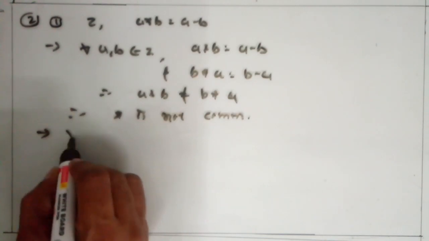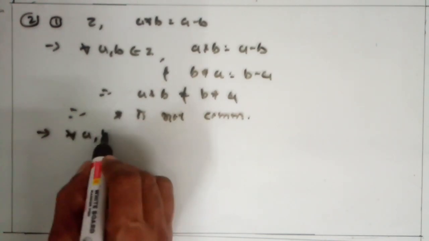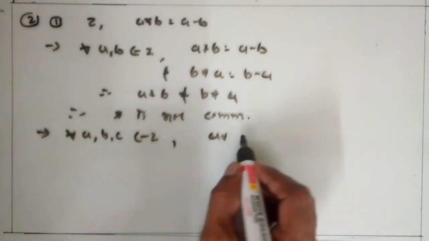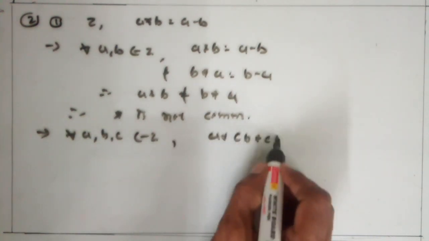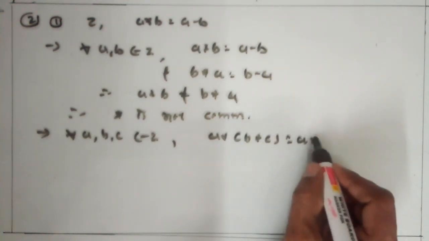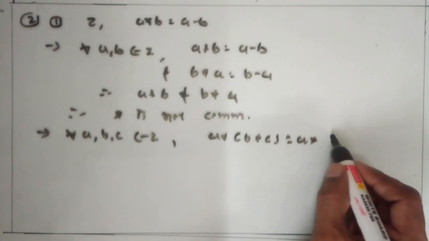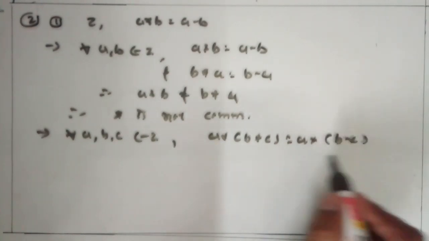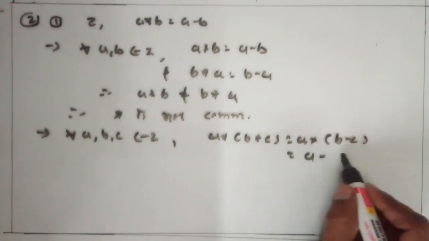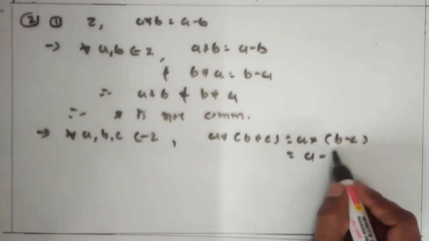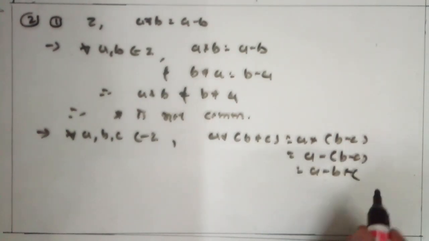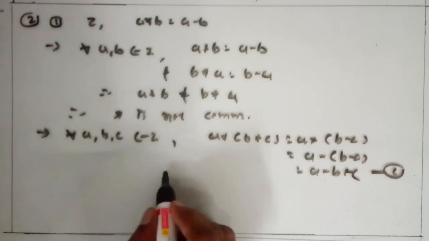Now for associative, for all A, B, C belonging to Z, first we get a value of A star B star C. So B star C is equal to B minus C, and A star (B minus C) is equal to A minus the subtraction of these two numbers, B minus C. So it is equal to A minus B plus C. Take this as result number 1.